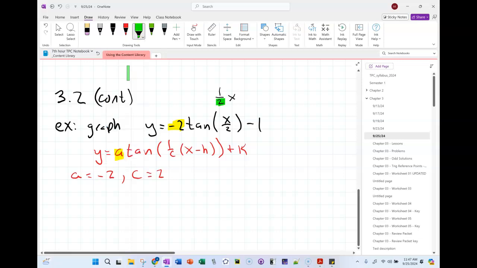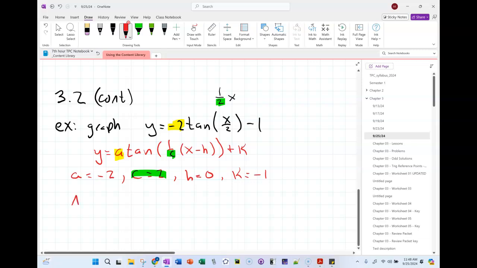So like C is just 2 then, right? You guys see that? What's my H gotta be? 0. Do you see anything being added or subtracted from the X? Nope. That's why it's a 0. And the K is -1. Wonderful.